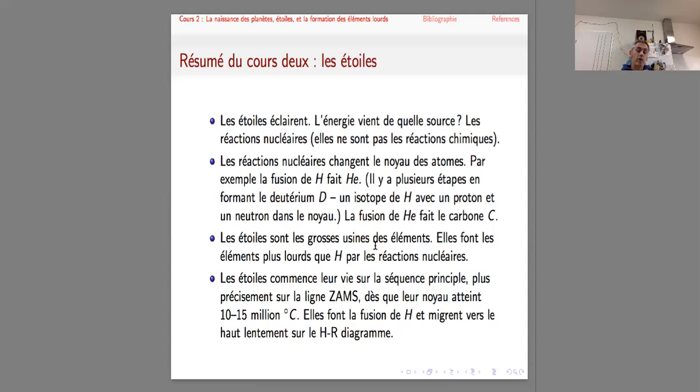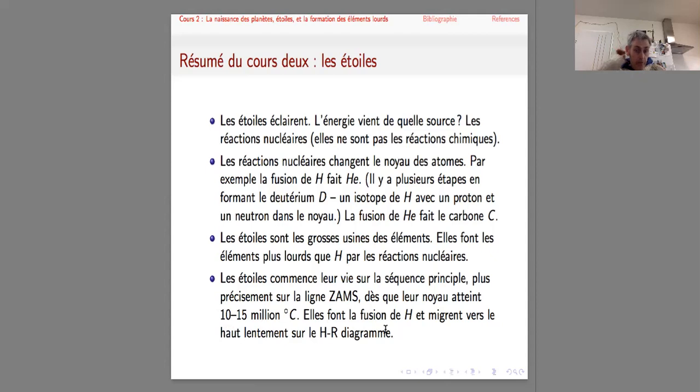When stars start their life, they start on the main sequence, in particular on the ZAMS line, the zero age main sequence line. That happens as soon as the central region of the star reaches between 10 and 15 million degrees.